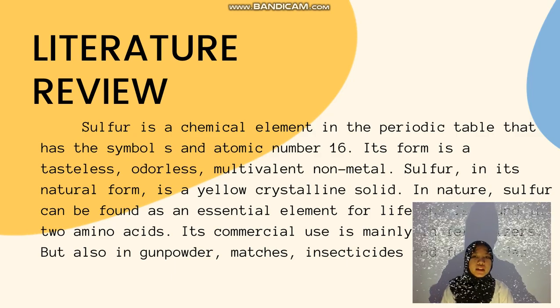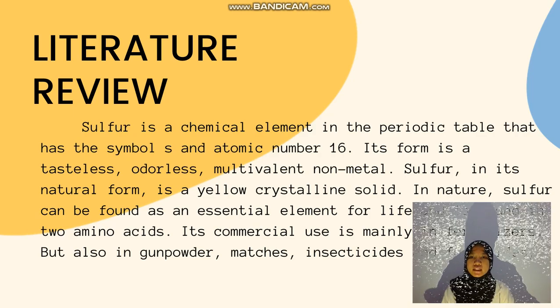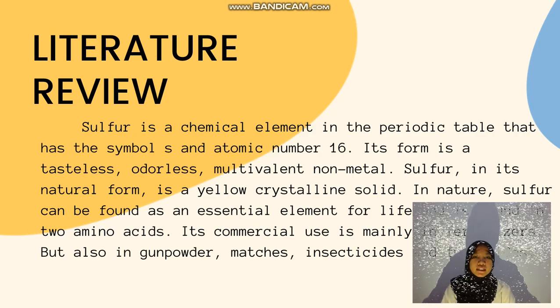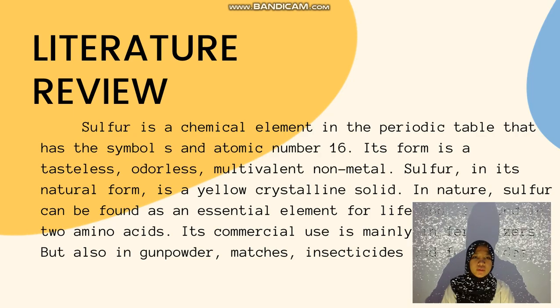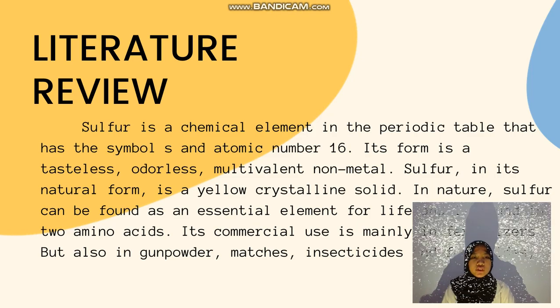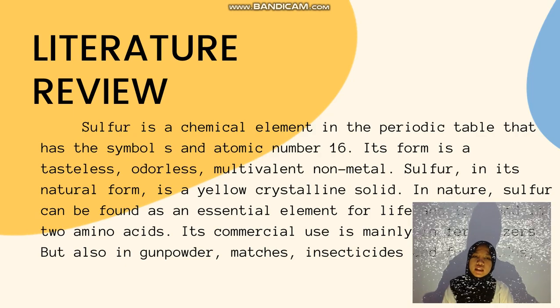Sulfur is a chemical element in the periodic table that has the symbol S and atomic number 16. Its form is a tasteless, odorless, multivalent nonmetal. Sulfur, in its natural form, is a yellow crystalline solid.